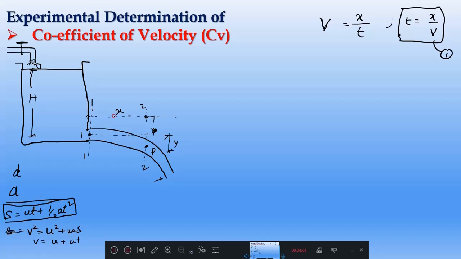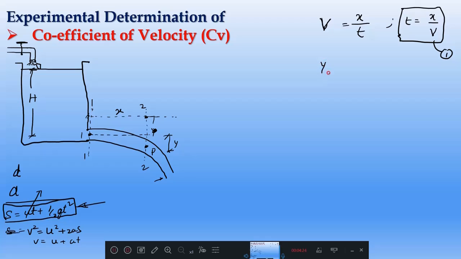Let us consider that at 1-1 the point started, therefore the initial velocity is 0, and the particle is moving in the y direction. Y direction means vertical, so gravitational acceleration comes into the picture. Therefore, I can modify this equation and write it for y.